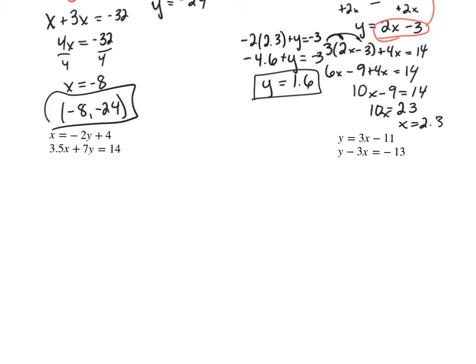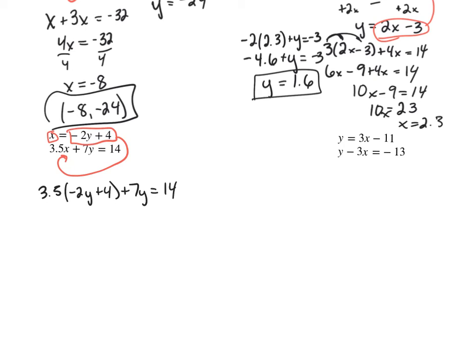So now the next two examples. I look, great, I have x equals, so I can take what that x equals and plug it in right there. It works the same way if it's x equals versus y equals. So I can say 3.5 times (negative 2y plus 4) plus 7y equals 14.